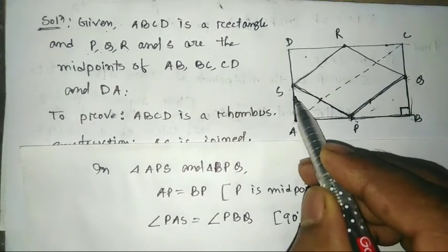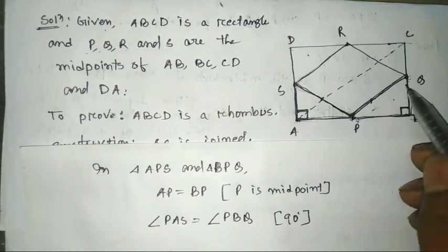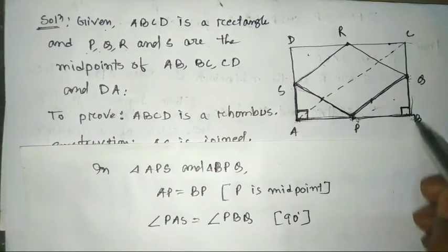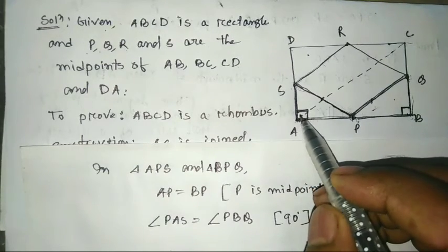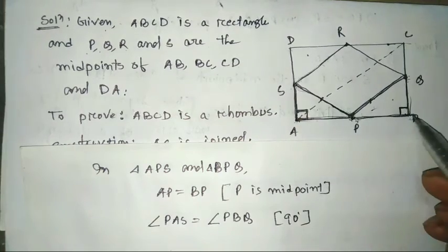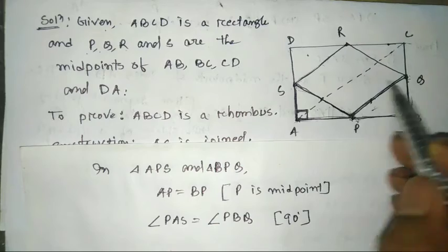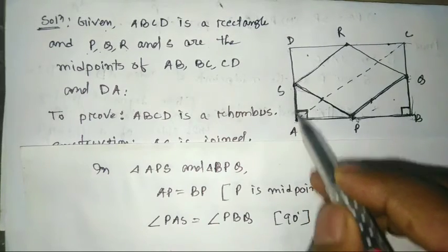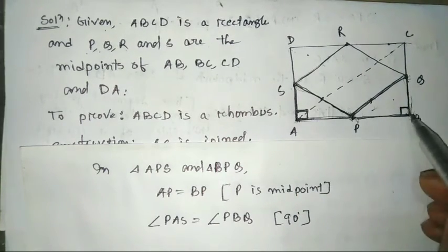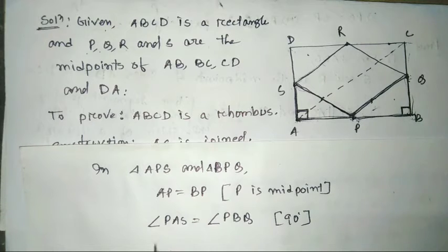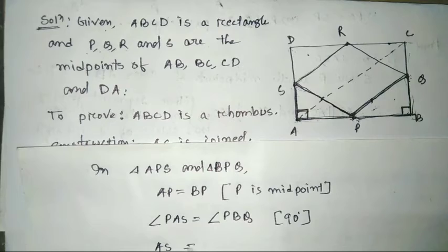Now see, in triangle APS, AS, and in triangle BPQ, BQ, they are also equal, because in a rectangle AD and BC are equal, and S and Q are the midpoints. So AS is half of AD and BQ is half of BC. So we can write AS is equal to BQ. What is the reason?